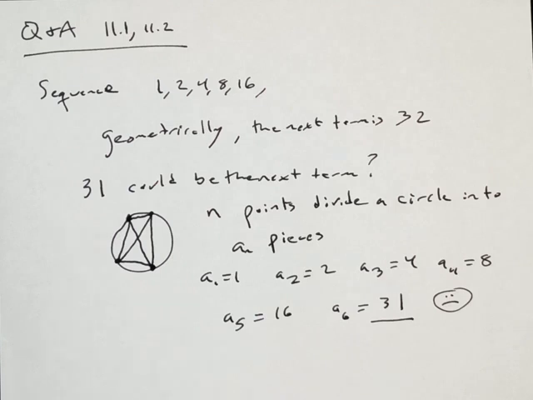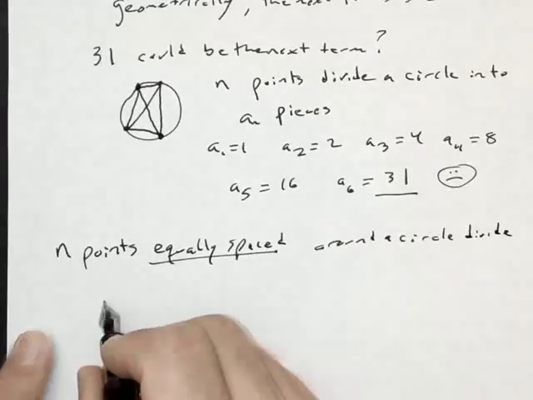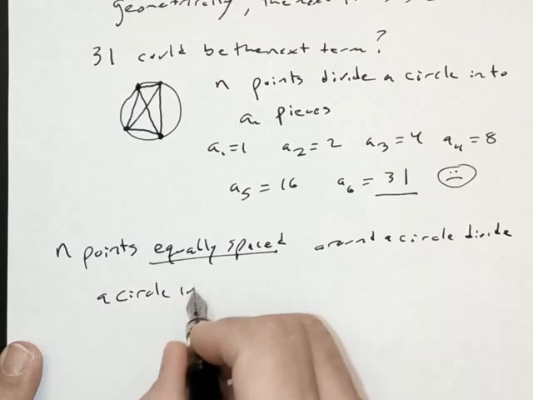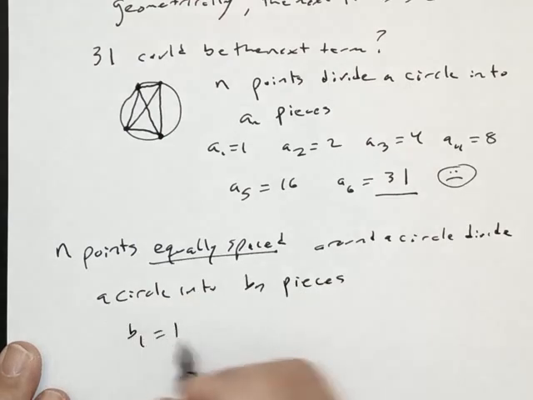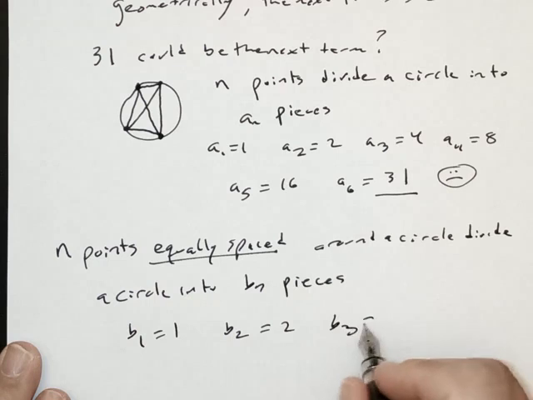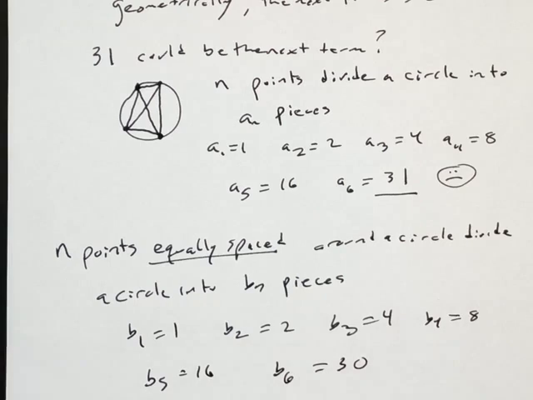If I insist that the points be equally spaced around the circle, then I get 1 point gives me 1 piece, 2 points gives me 2 pieces, 3 points gives me 4 pieces, 4 points gives me 8 pieces, 5 points gives me 16 pieces, but 6 points only gives me 30 pieces.